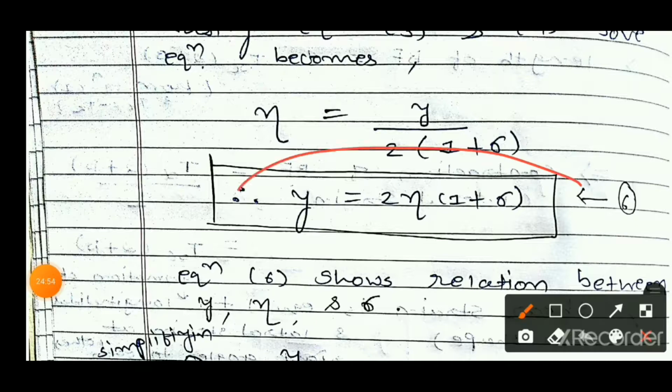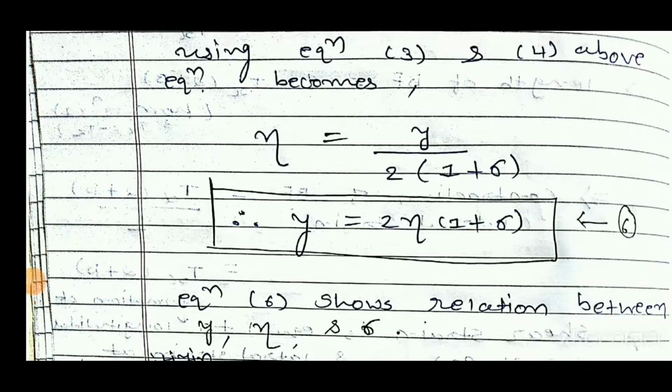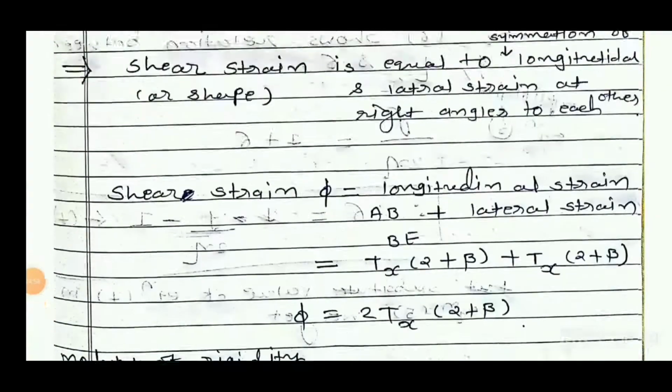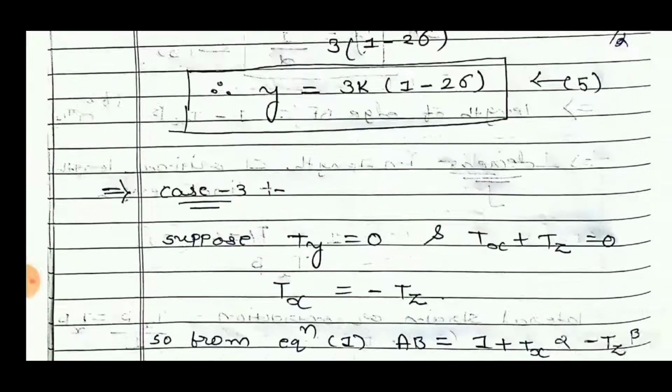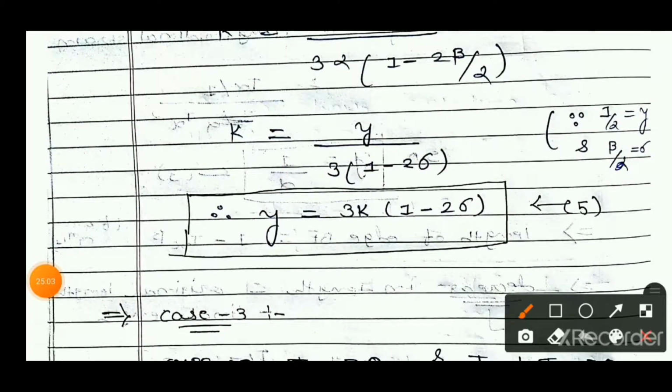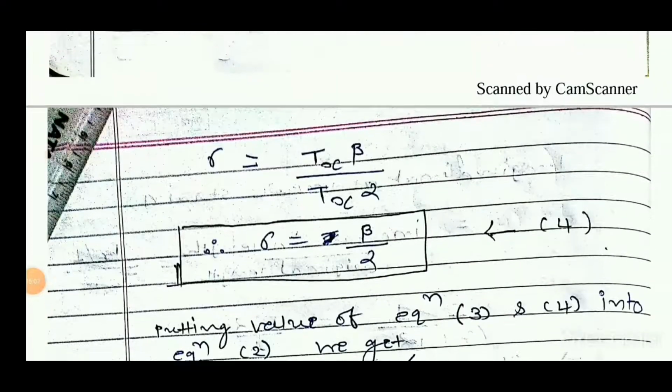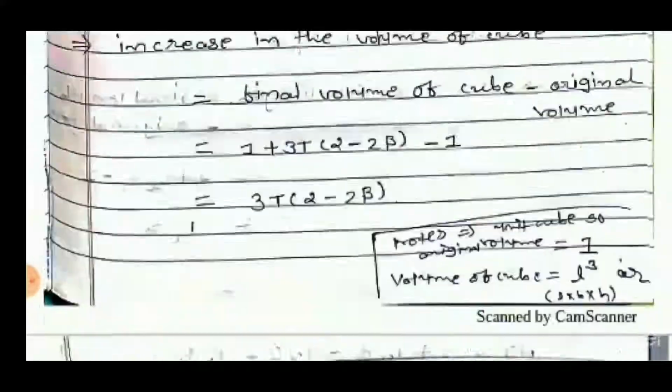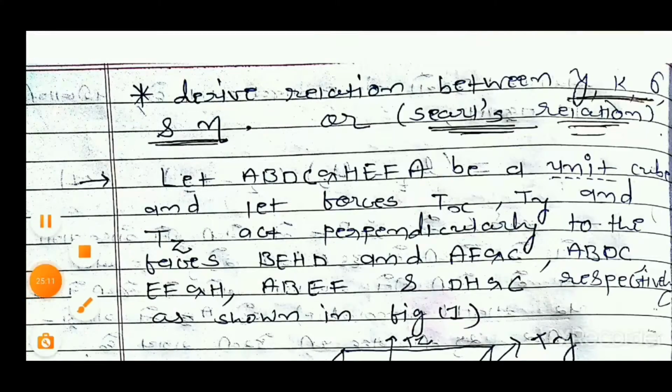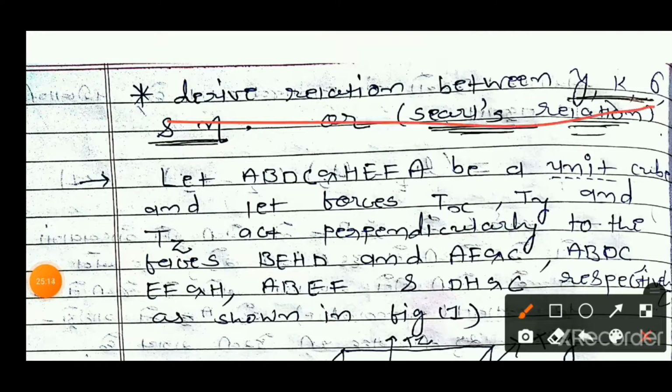The relation between Y, eta and sigma is shown in equation 6, and the relation between Y, k and sigma is shown in equation 5. Okay, and we can also find the relation between Y, k, sigma and eta. Okay, so it's Searle's relation. Thank you.